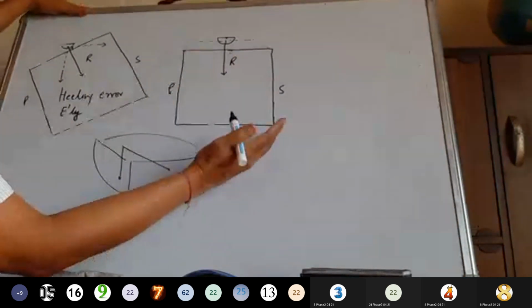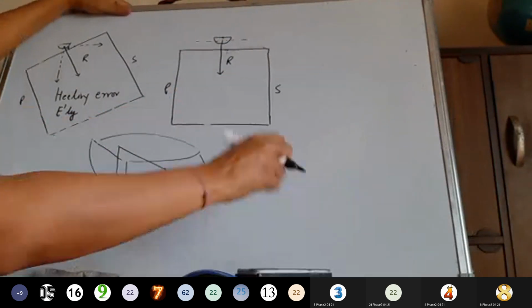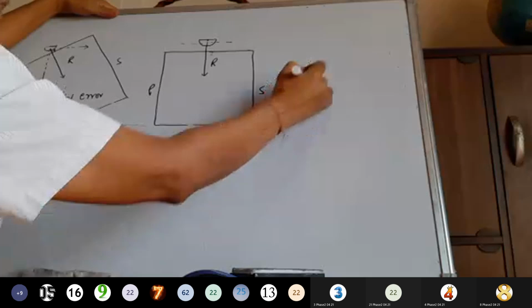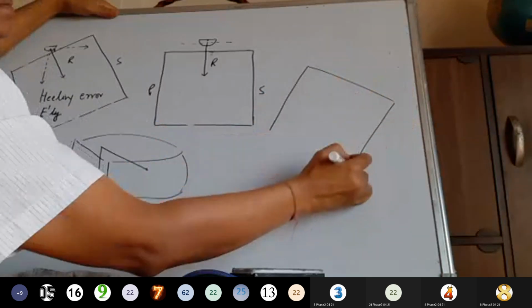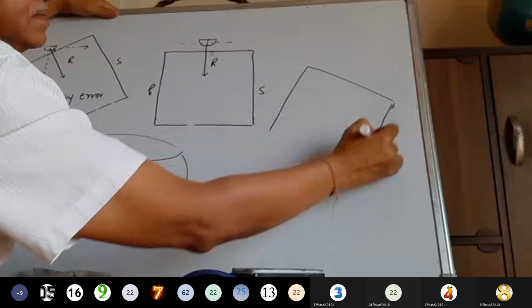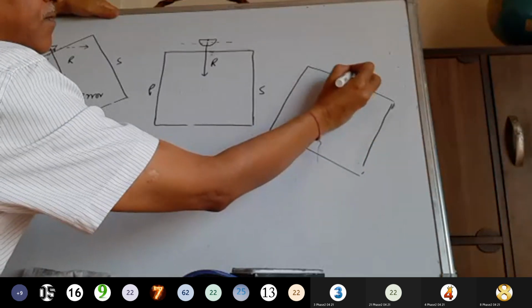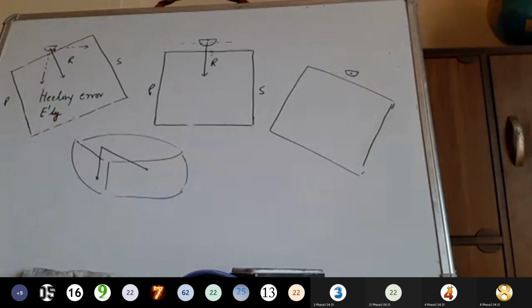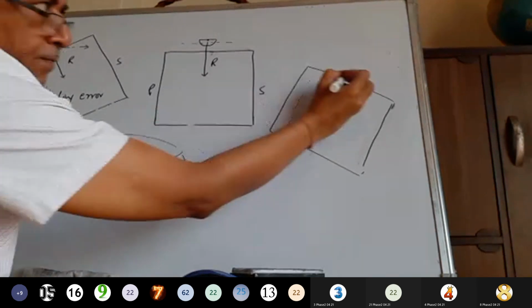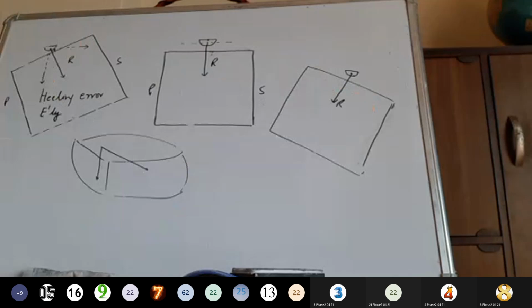If the vessel was rolling like this, now port, now it goes to starboard. So what will happen? Let us see. Your magnetic compass will always try to remain horizontal because of the gimbals. And force R is acting vertically downward like this.